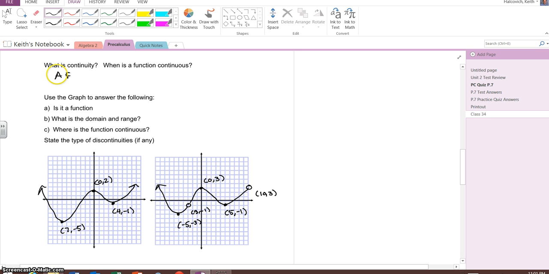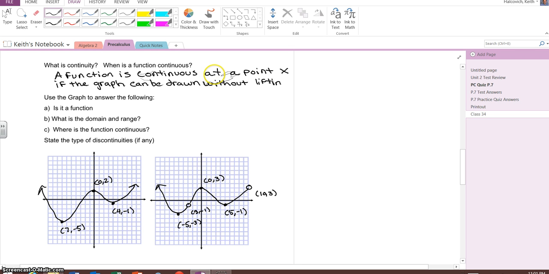Well, a function is continuous at a point x if the graph can be drawn without lifting your pencil.